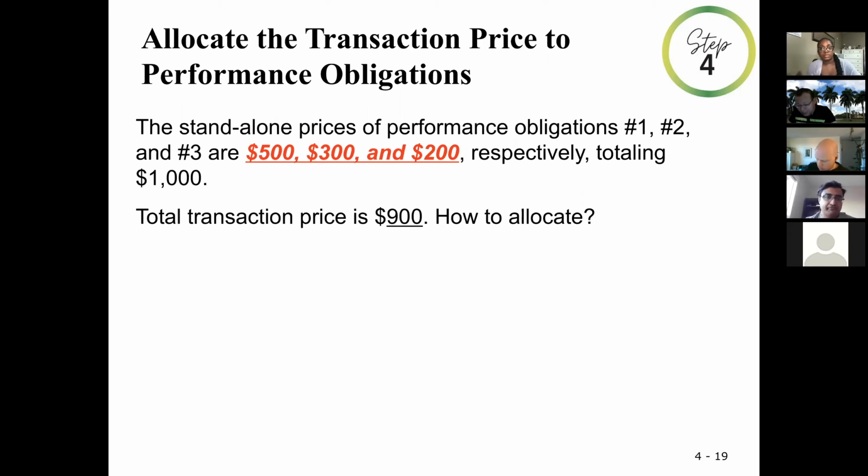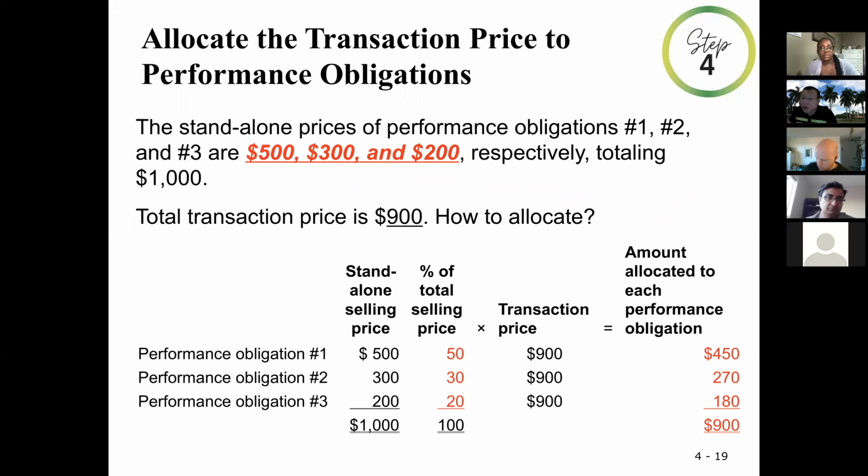So here is what is happening. I'm going to first calculate the sum of the 3 standalone selling prices. So that's 500 plus 300 plus 200, which is 1,000. And then I want to calculate each standalone selling price as a percentage of the total.